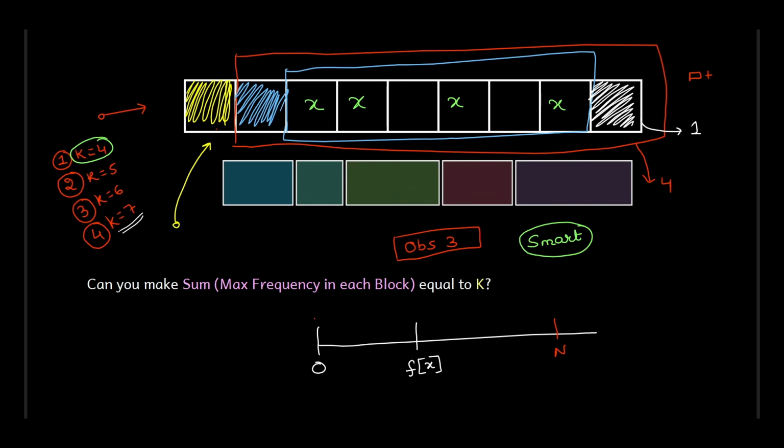So we know for sure that this region is not possible, because each x, no matter where it is, will compete for the maximal frequency, and from here to here some region is definitely possible. How can you do that? You can do that by giving each element its own block in the prefix as well as the suffix.